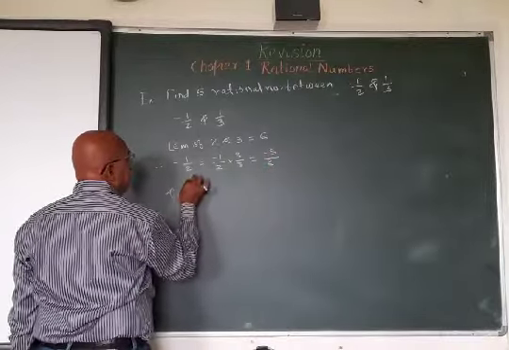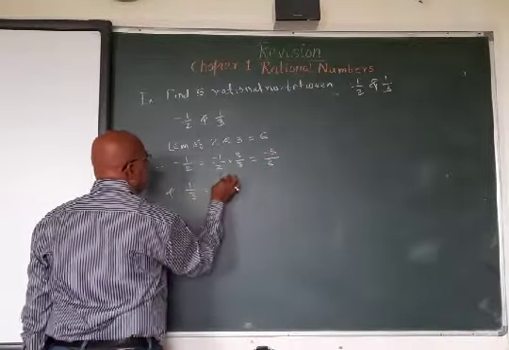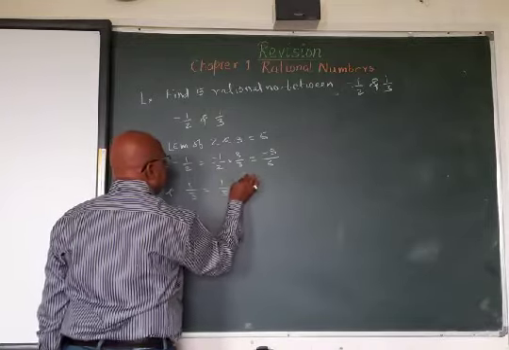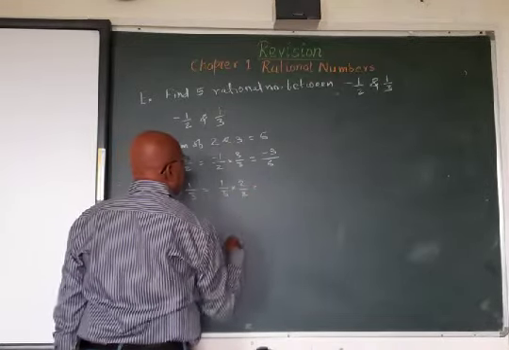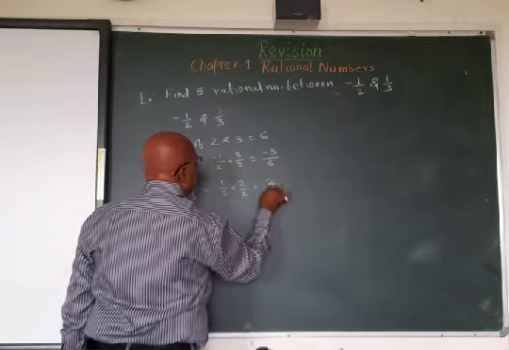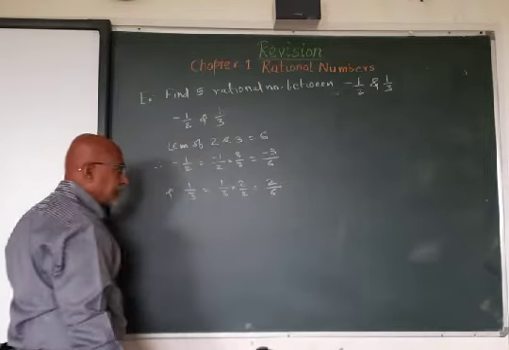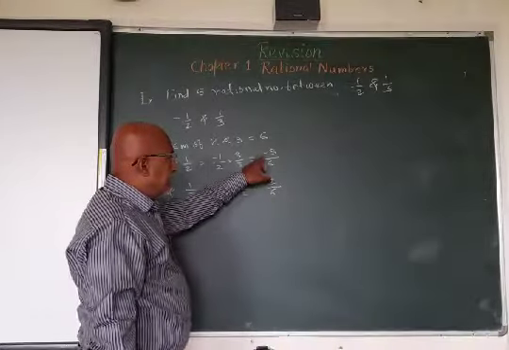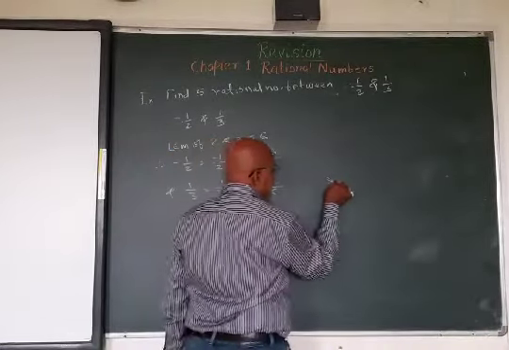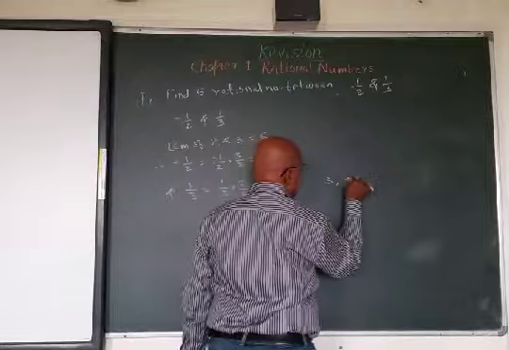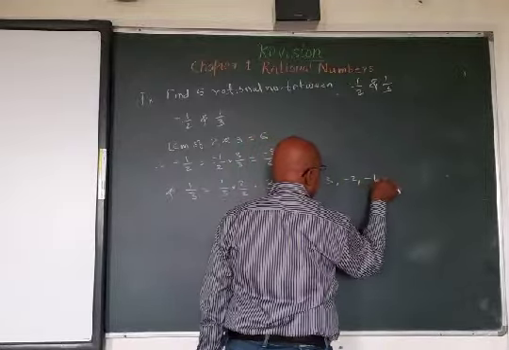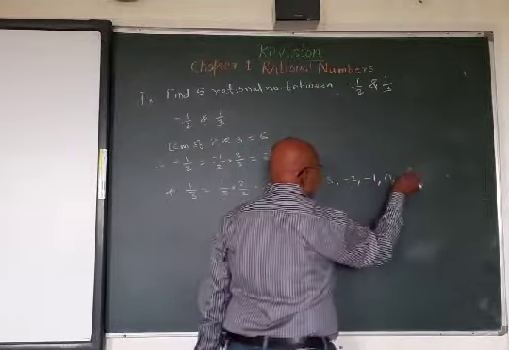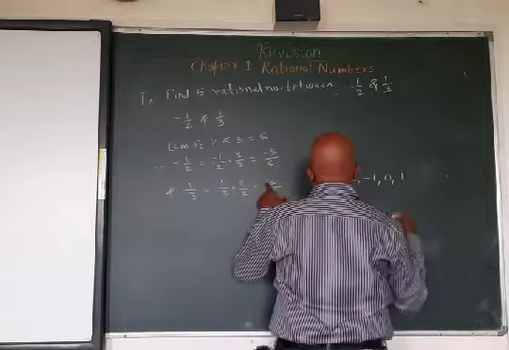And 1 by 3 equals 1 upon 3 into 2 upon 2, equals 2 upon 6. Now between minus 3 comes minus 2, then minus 1, 0, 1 and then 2 here.